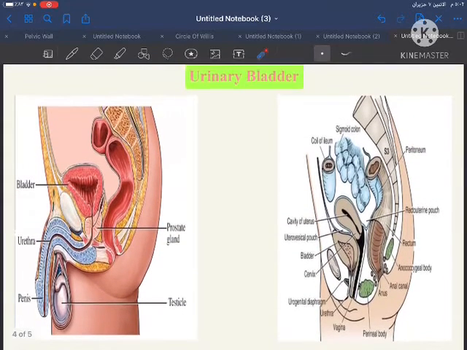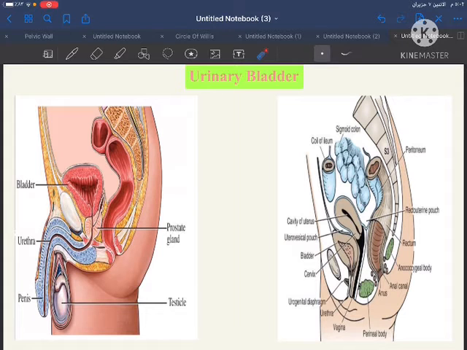Urinary bladder. The urinary bladder, with a capacity reaching 500 milliliters, is located in the hypogastric region just behind the pubic bones.